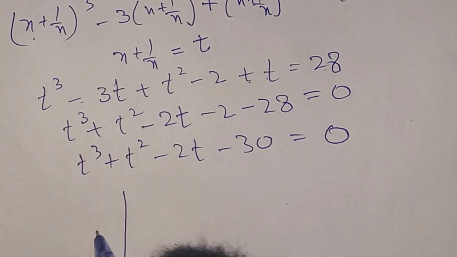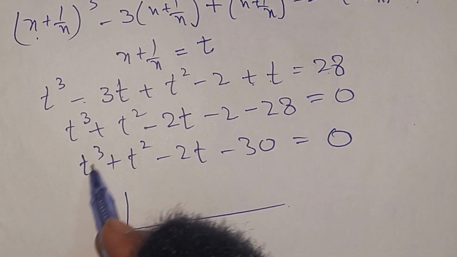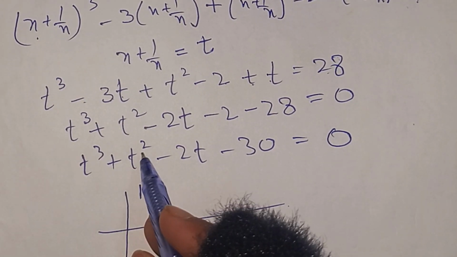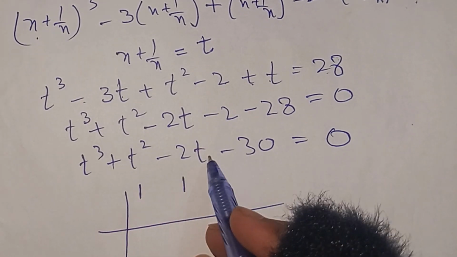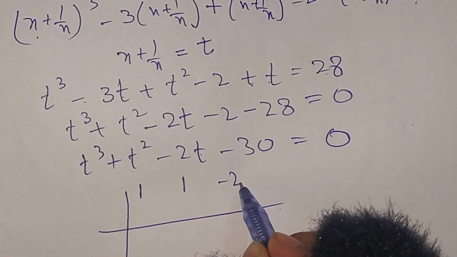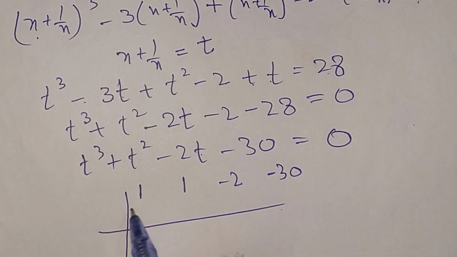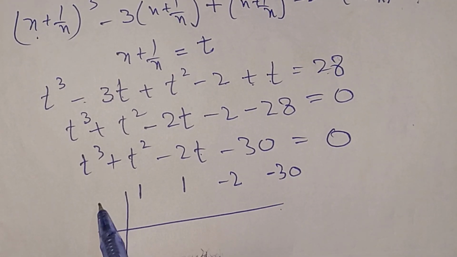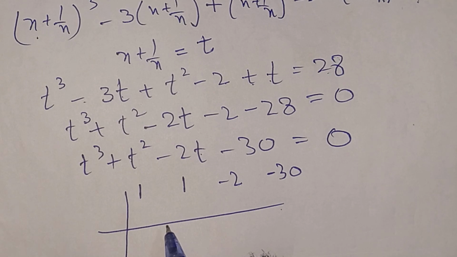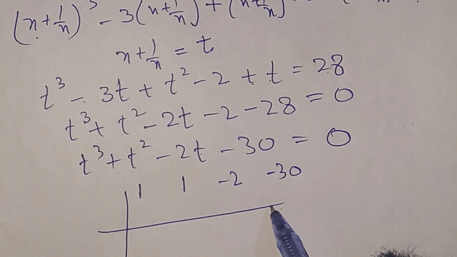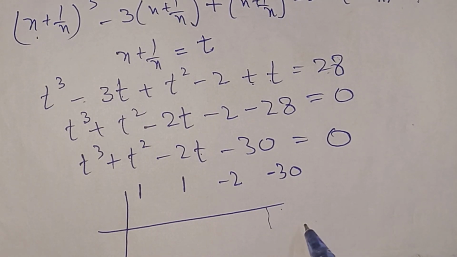For this, we write the coefficient of t³ is 1, the coefficient of t² is 1, the coefficient of t is −2, and the last one is the constant, which is −30. Here one by one we select a number, and in synthetic division we know that the remainder must be 0.